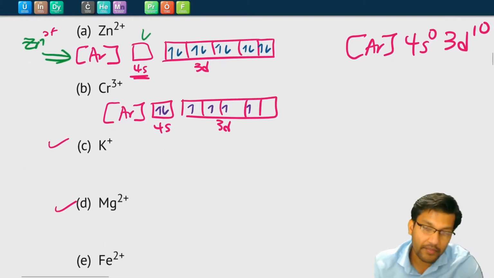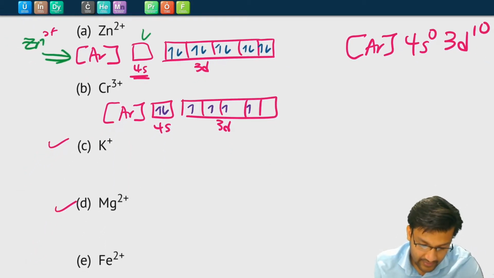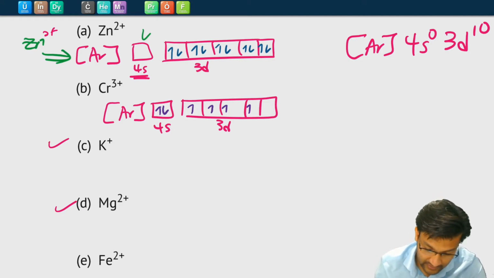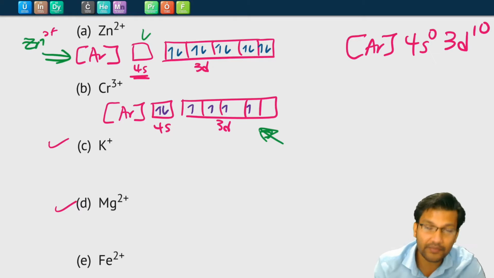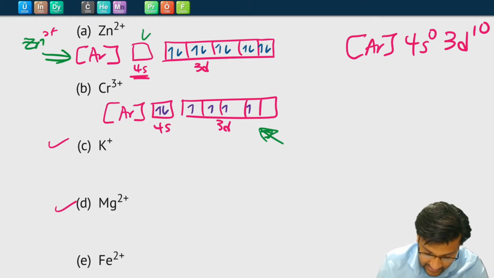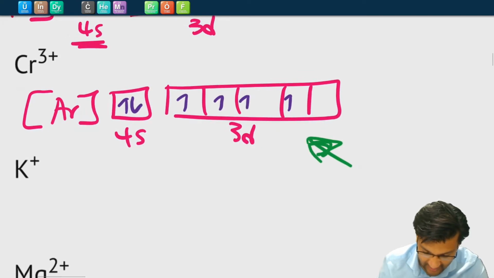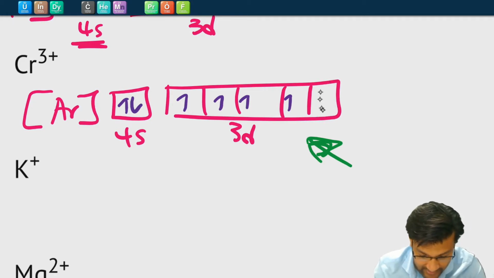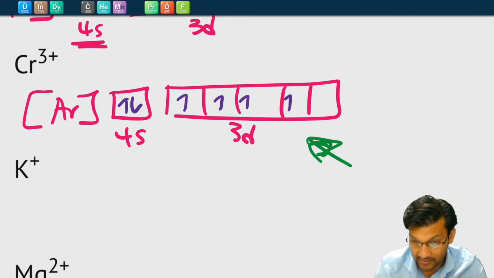Now, remember I mentioned that electrons don't like to be in weirdly filled orbitals. They like to be either completely empty, completely filled, or completely half filled. And in this case, it's not really any of those. In fact, this one orbital here is empty, so this 3d orbital is not happy.